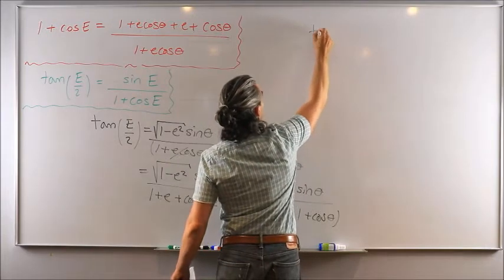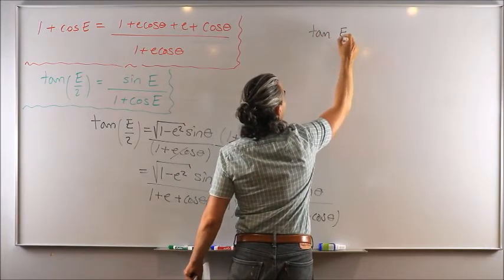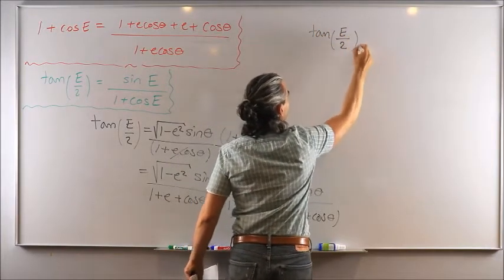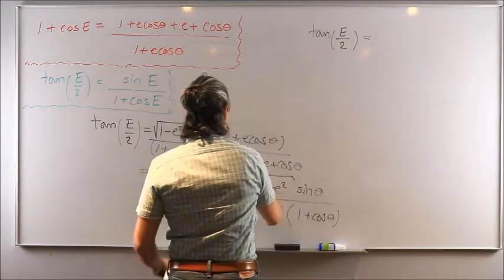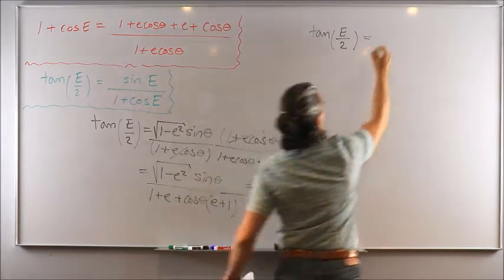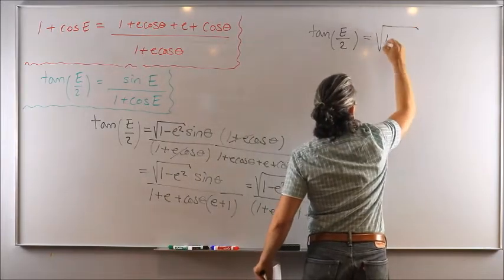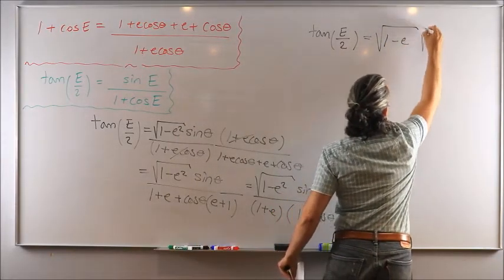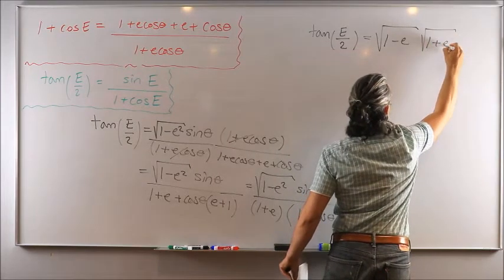So here, we're still talking about tan of eccentric anomaly over 2 equals the square root of 1 minus e, which can be replaced by the square root of 1 minus e times the square root of 1 plus e.